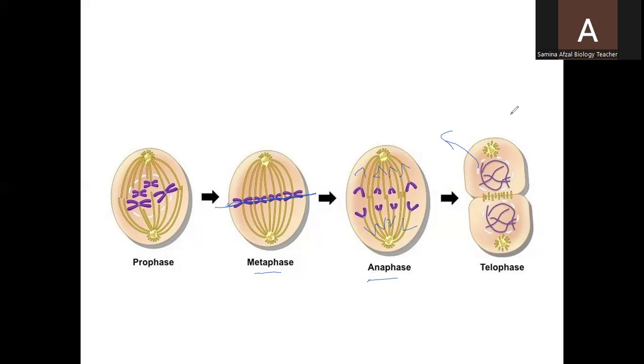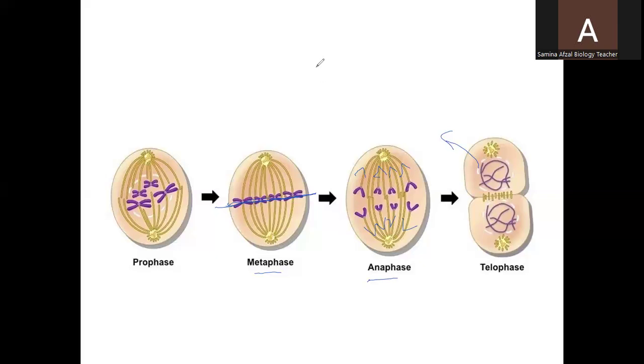It means the cell division is about to end. But formation of two nuclei has taken place. That is, the nucleus is divided into two nuclei, and spindle fibers are about to disappear. So it means the nucleus has been divided.